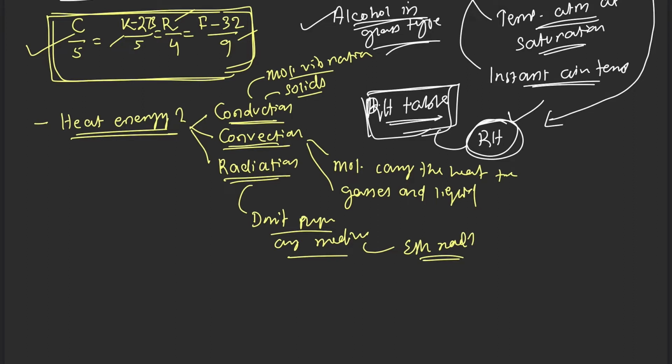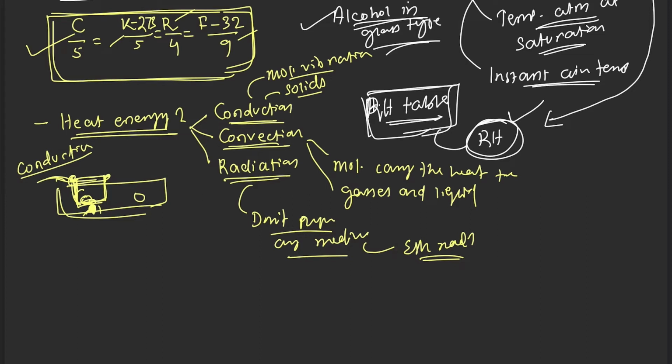Suppose this is a gas stove and we are boiling some water over the stove, right? Initially the pot will warm up. The flame is below the pot, so how does the upper portion warm up? That is due to conduction.